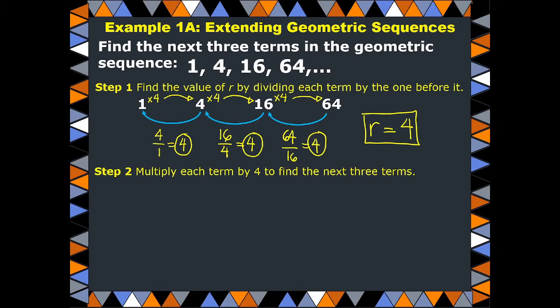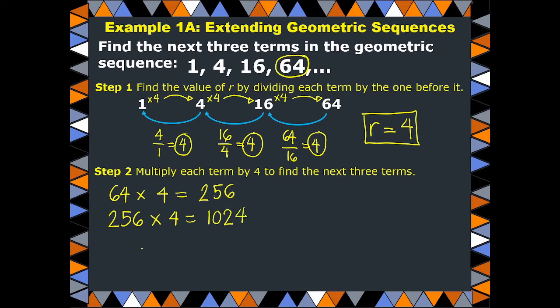So I'm going to be starting with the last term in our given, which is the number 64. So the number 64, multiply this by 4. Now, how much do we get when we multiply 64 by 4? That will give us 256. So 64 times 4 is 256. 256 times 4, that will give us 1024.